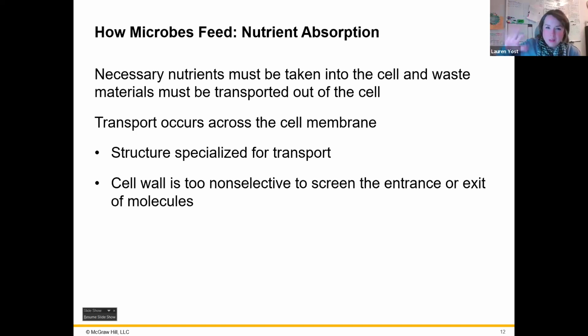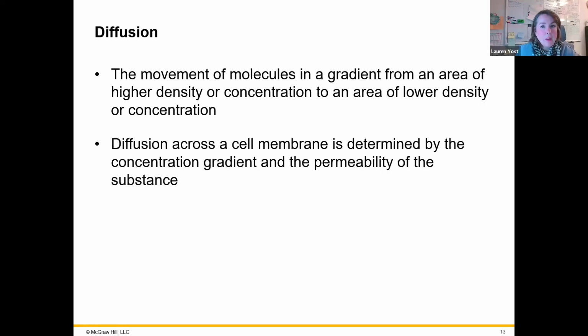The cell wall is a little selective, but very non-specific. So we really rely on what can cross the cell membrane because the cell membrane is selectively permeable, which you may have heard this term before. The cell membrane is selectively permeable. So we'll come to that in a little bit because that's important.